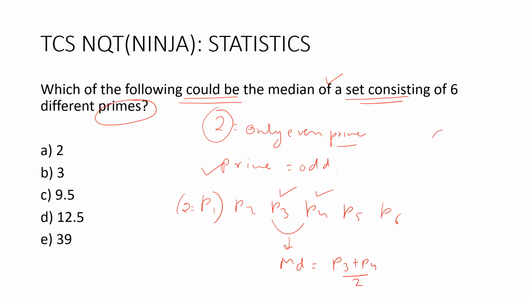Now, if I add 2 odd numbers, what will I get? Odd plus odd is going to be an even number. And if I divide this sum by 2, I'm dividing an even number by 2. And what is an even number? Even numbers are always multiples of 2. If you divide them by 2, the 2 is going to get cancelled and the leftover has to be an integer.